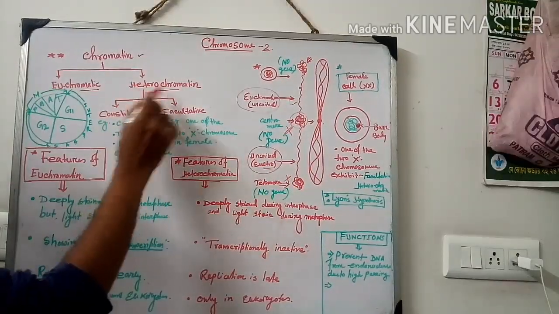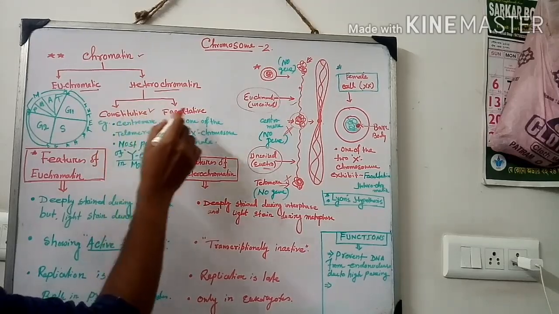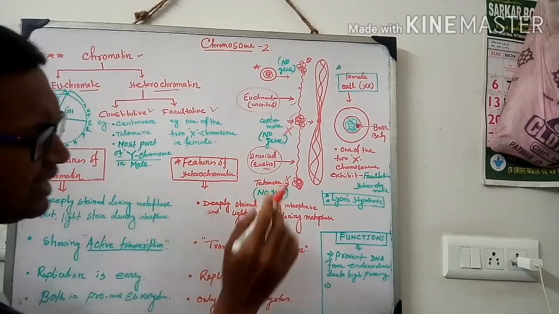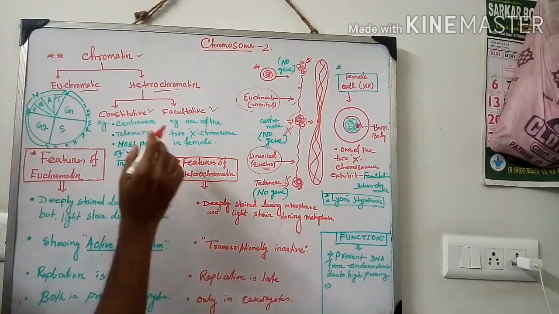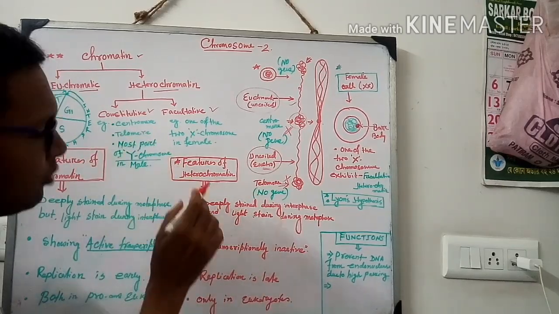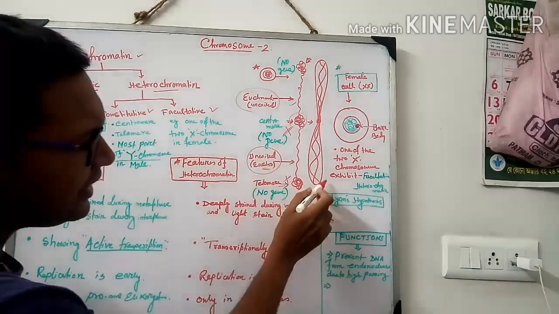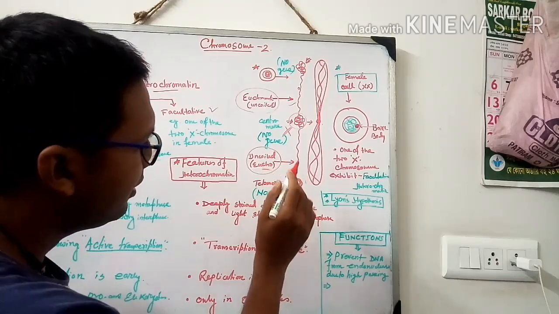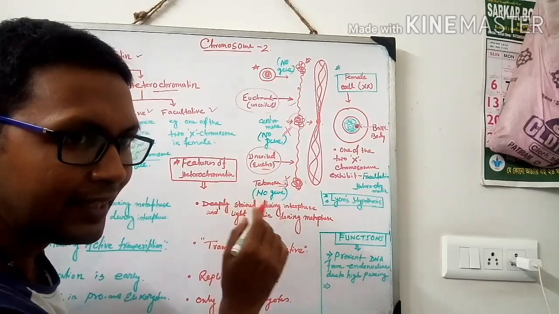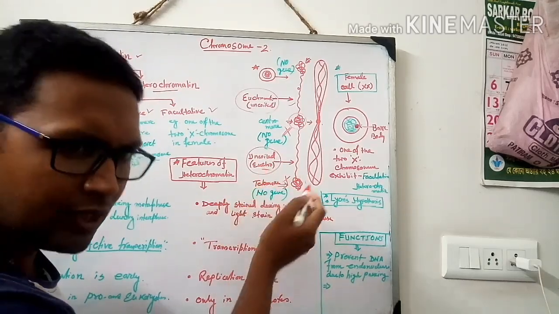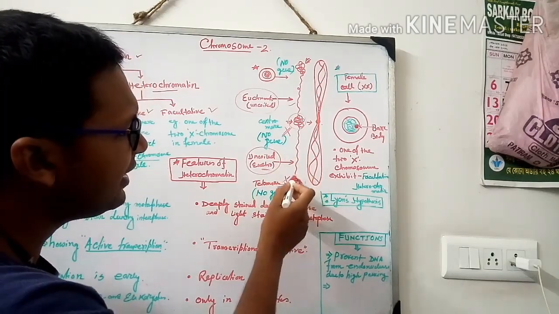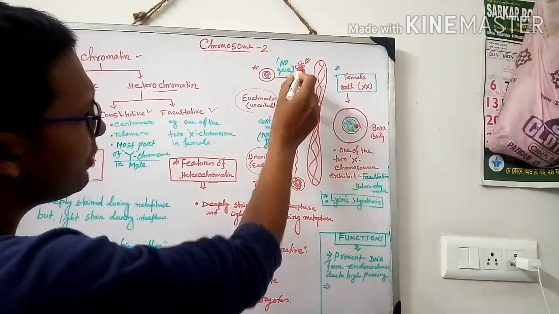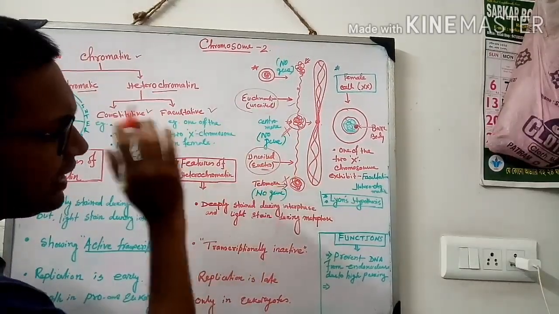The heterochromatic region can again be divided into two parts, constitutive and facultative heterochromatic regions. What are the constitutive and what are the facultative heterochromatic regions? Constitutive heterochromatic regions are those regions in a chromosome which permanently remain in the heterochromatic stage, that is, permanently in a coiled condition.